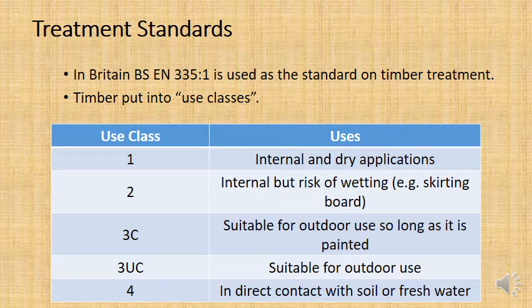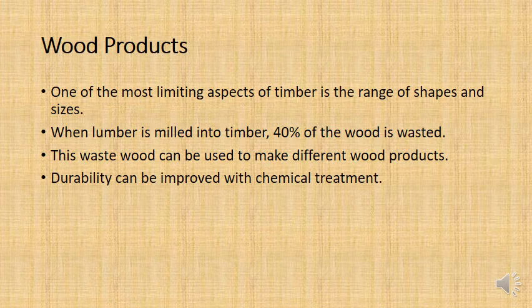Likewise, you probably don't want to use class 4 timber as your skirting board, because that's just going to be very expensive. As you go up these classes, class 1 to 4, the chemical being used is more concentrated, and so the expense is higher. So that's a little bit about treatment.